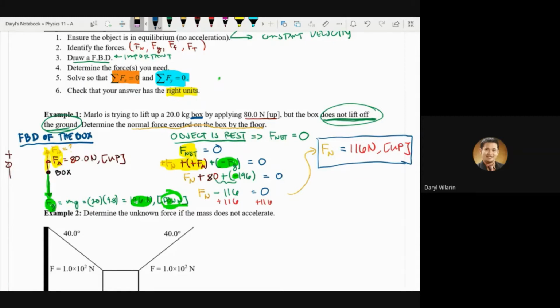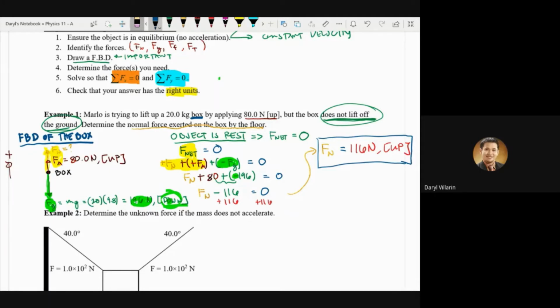So the floor now, without your applied force there, if you just let the box stay on the floor, the normal force is equivalent to 196.